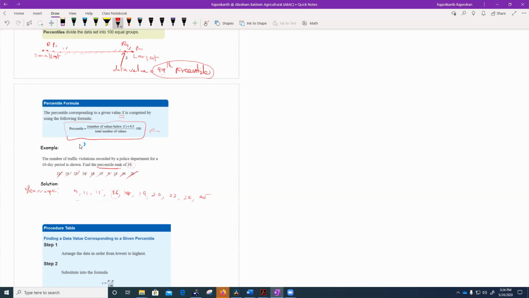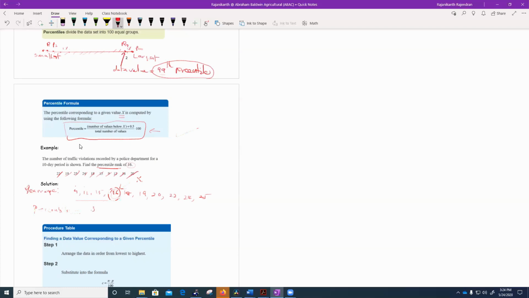So what I'm going to do, I'm simply using the formula. The percentile formula is given by, look at the above formula, this one. So the number of data values below the actual data. Remember, my x is now the value 16. So this is my x, data value. How many data values are smaller than 16? Of course, I have 3 of them, 1, 2, 3. Therefore, the number of values below 16 is now 3.